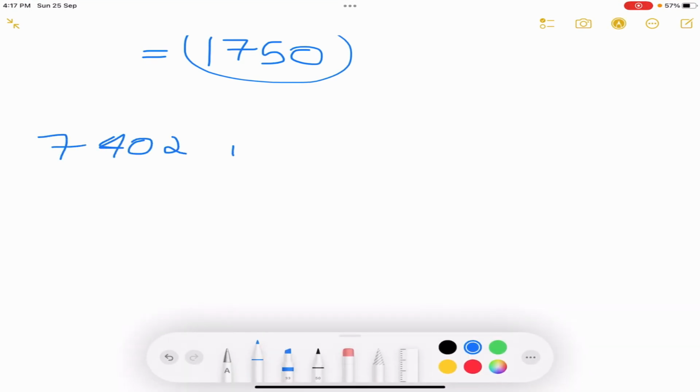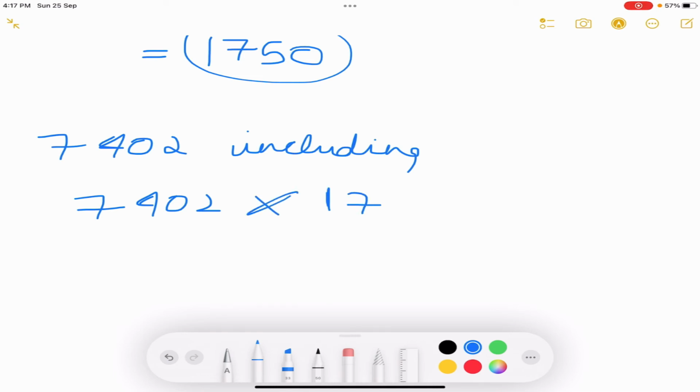So when it is including, you will be doing the addition thing, which will be 7402 multiplied by 17.5 upon 117.5. This will be nothing but 1102.